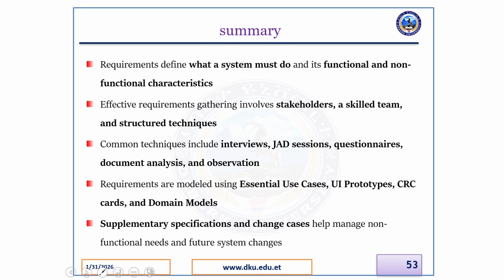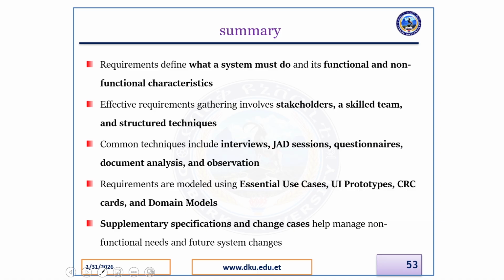Let's try to summarize or conclude what we have discussed in this chapter. Requirements define what a system must do and its functional as well as non-functional characteristics. Effective requirements gathering involves stakeholders, a skilled team, and structured techniques.